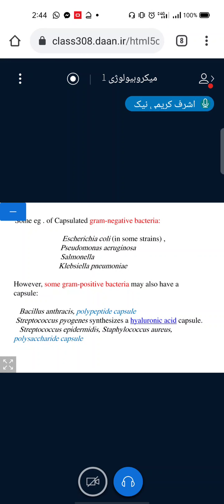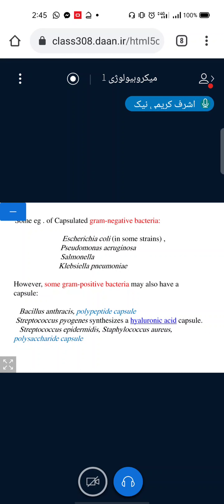And in gram-positive bacteria, Bacillus anthracis, the agent of anthrax, has a capsule.